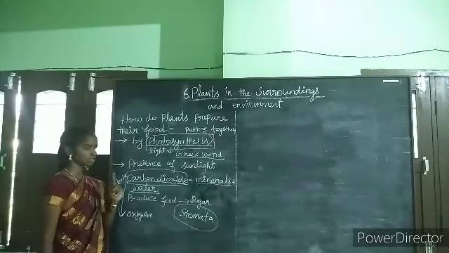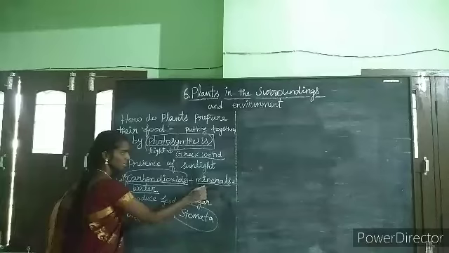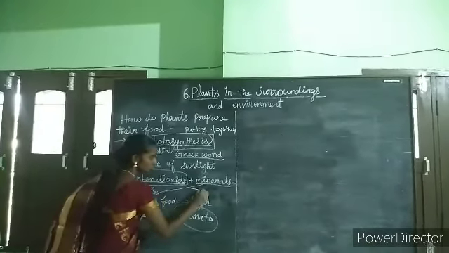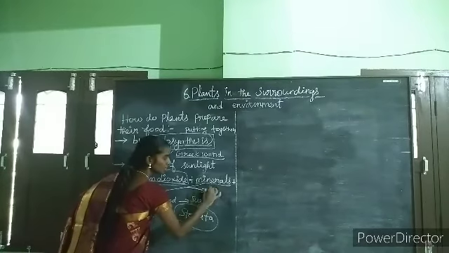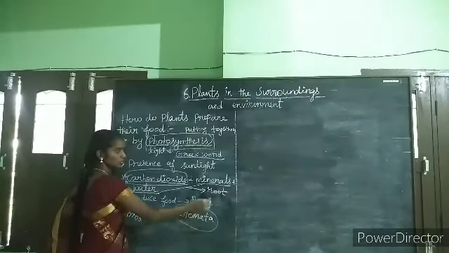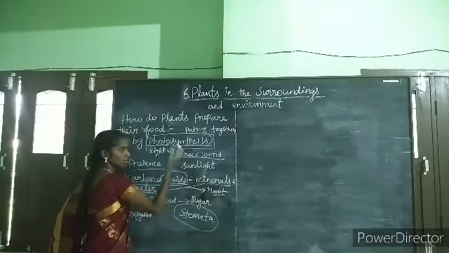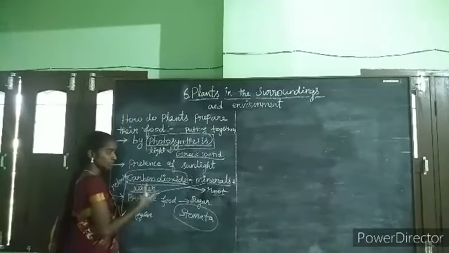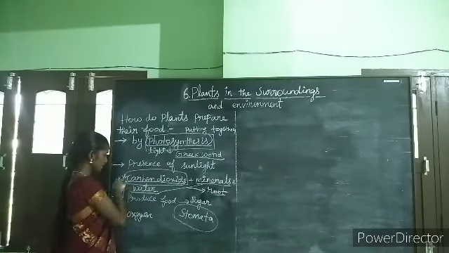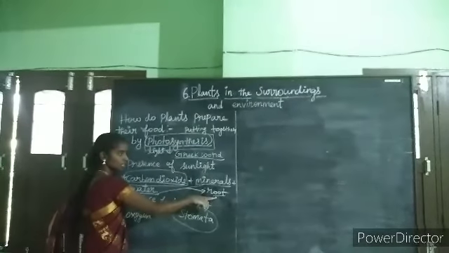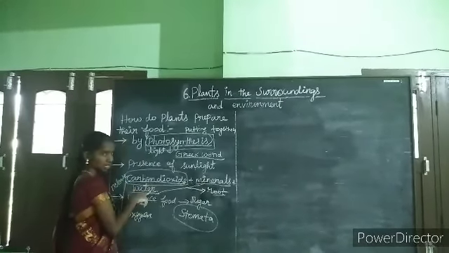That is one process. Another thing, minerals and water. These two it will take from the root. So from the air it will take the carbon dioxide and release the oxygen, and from the root it will take the minerals and water.